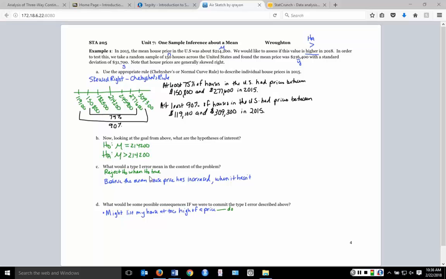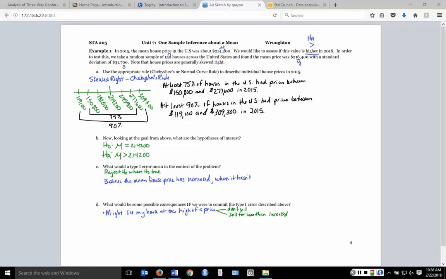Maybe I don't sell it, or I end up having to lower my price and sell for less than I wanted. If I list my price too high, people might not buy it at all, or I end up having to settle for a price that maybe I wasn't happy with. So that'd be one example of a consequence.